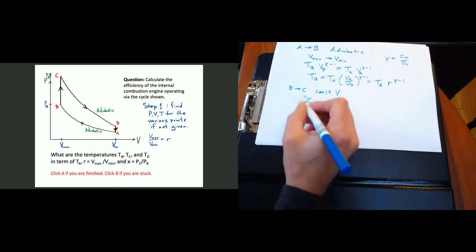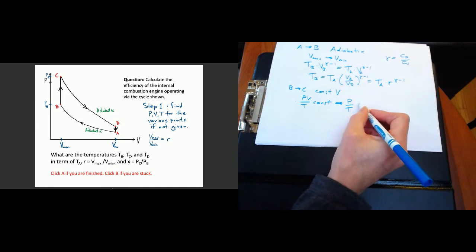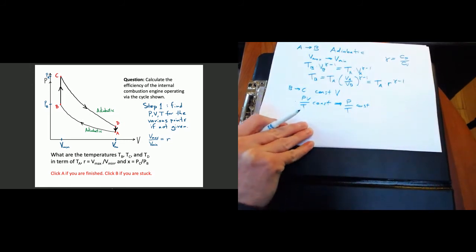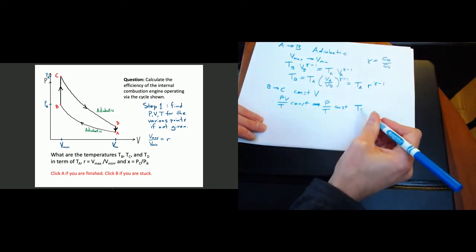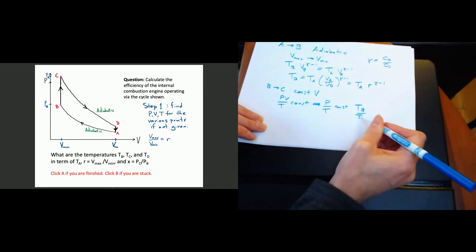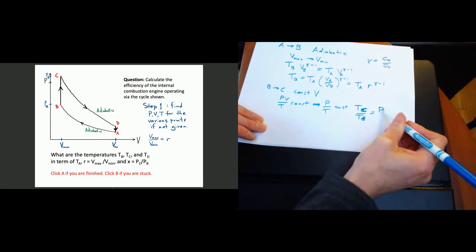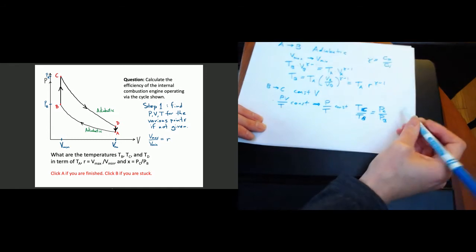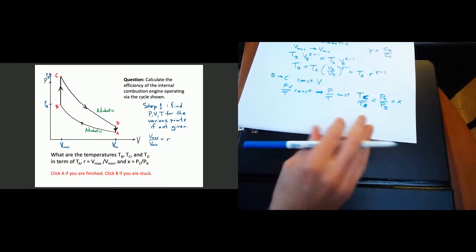And so in the constant volume case, what we know is that P over T is also a constant. So pressure is proportional to temperature. And so then we can say that TC over TB is equal to PC over PB, which is defined to be X in the statement of the problem.